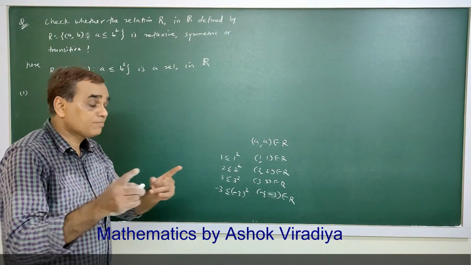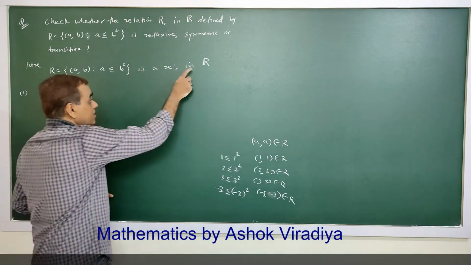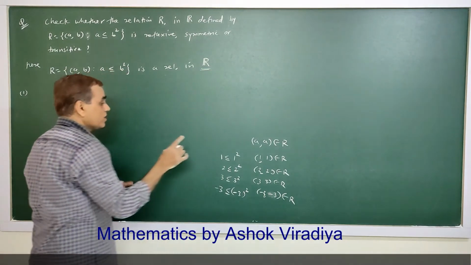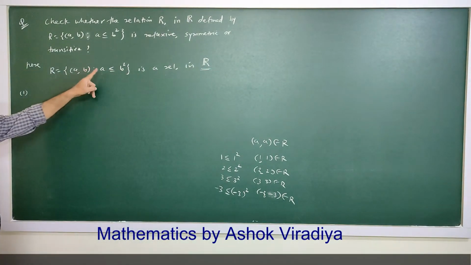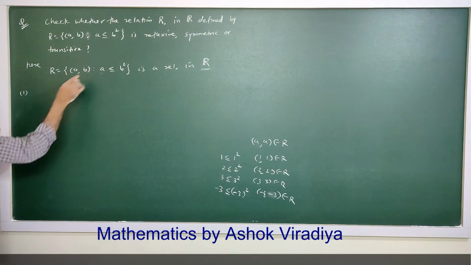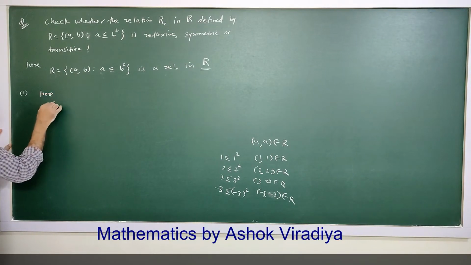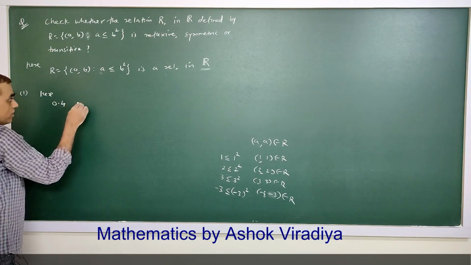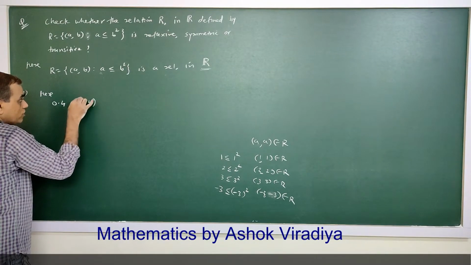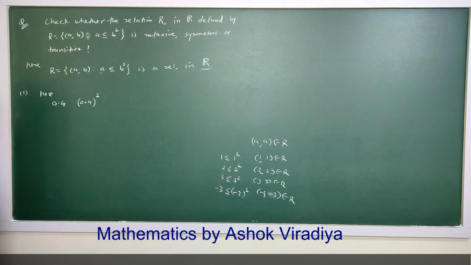But see here, the relation is in the set of real numbers. So if I take 0.4 and here 0.4 squared, which is smaller?